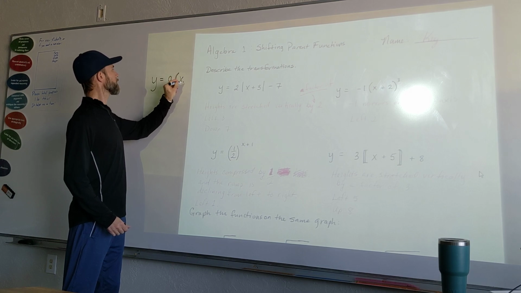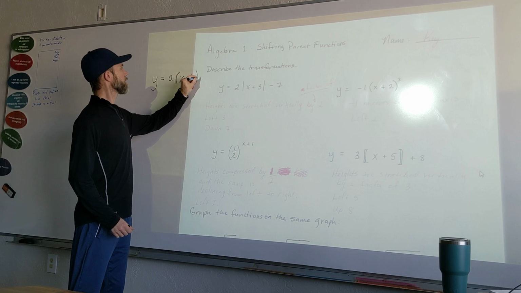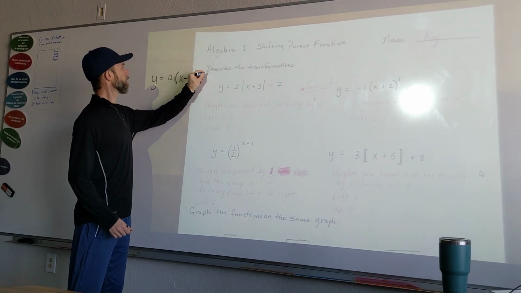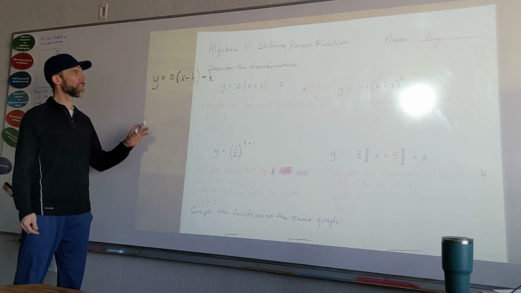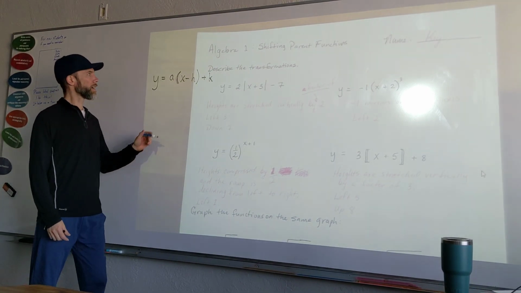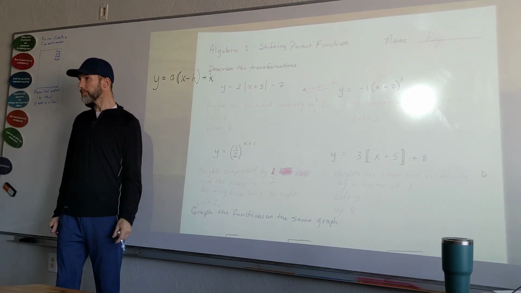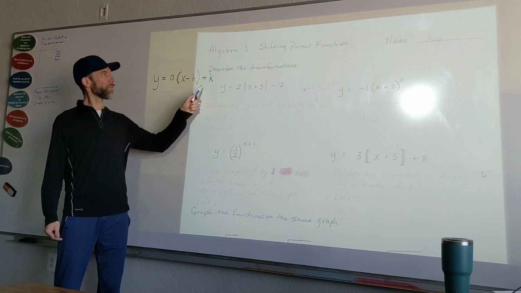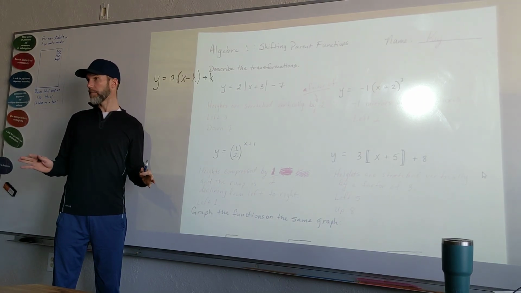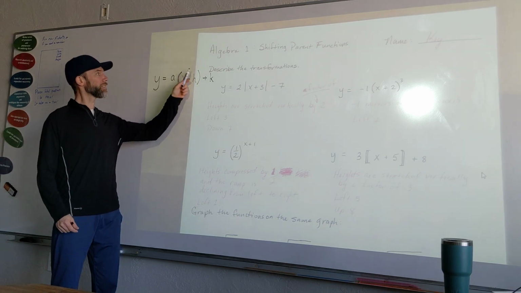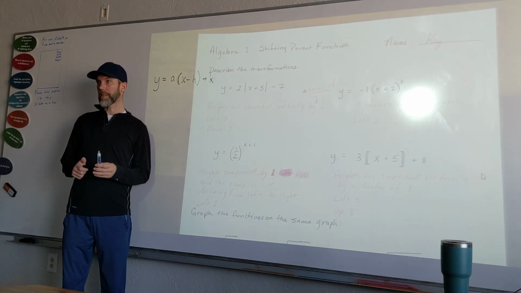Then we have X, minus H, and then you can do plus something outside, I'm going to use K. So this is the general form for all functions. A number out front of any of these does the same thing. A number off the back, like K here, does the same thing. And a number inside with the X does the same thing. So that's the key idea.